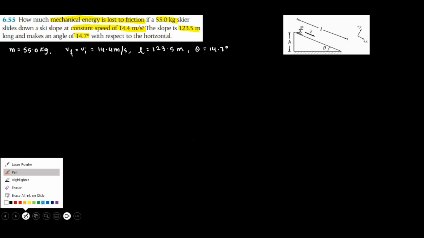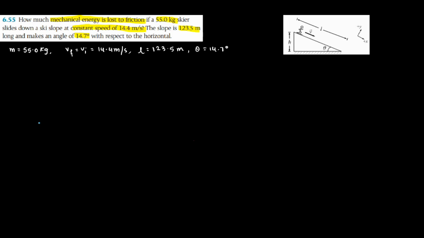To solve a problem like this, we will use the generalized work energy theorem, which says that work done by the friction is equal to change in kinetic plus change in potential energy. And the mechanical energy that is lost is equal to the work done by the friction.